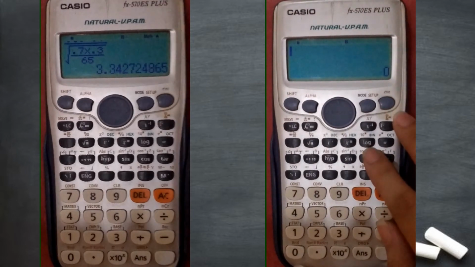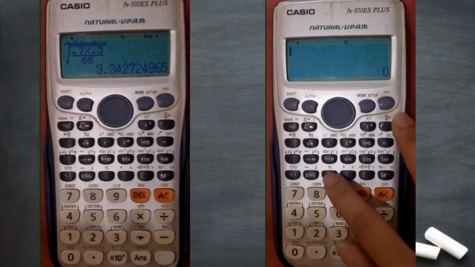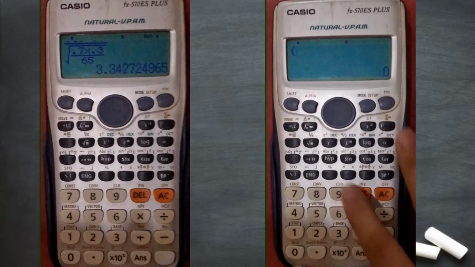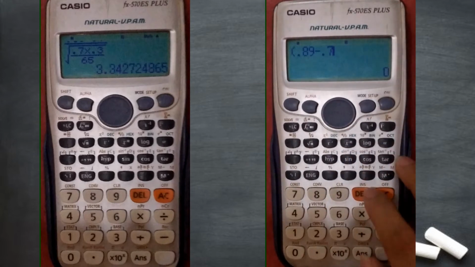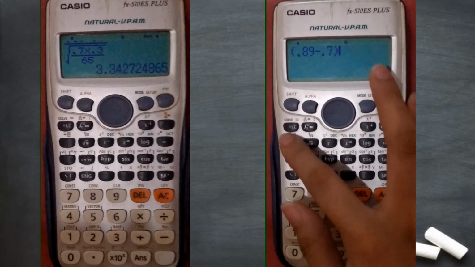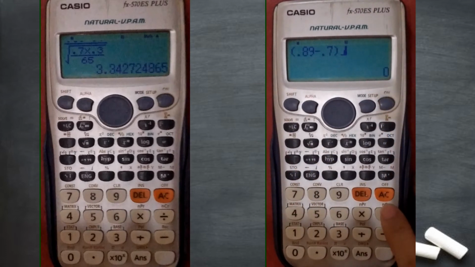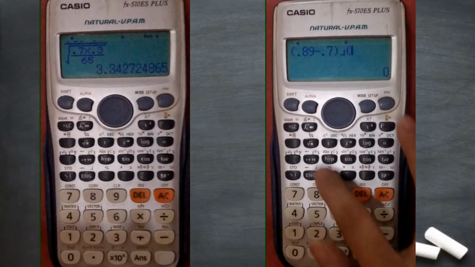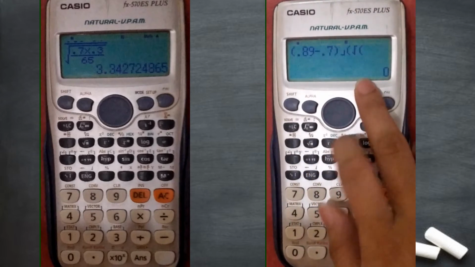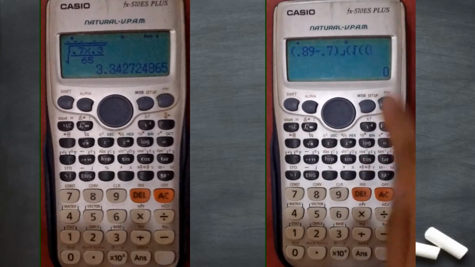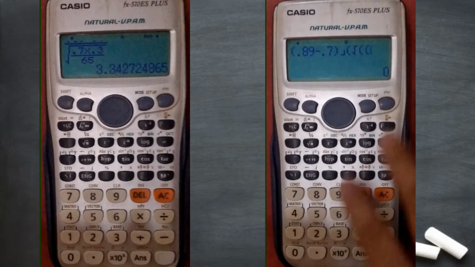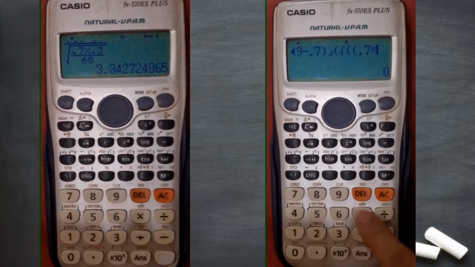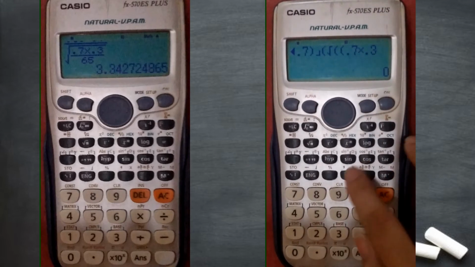So for two-liner calculators, you have to press open parentheses first, then you type 0.89 minus 0.7 or 0.70, then you close. And then you have to press the fraction symbol and then open parenthesis, and then square root, and then open parenthesis, and another one kasi this parenthesis will be intended for the numerator, and then this parenthesis will be intended for the whole fraction. So 0.7 multiplied by 0.3, then you have to close.